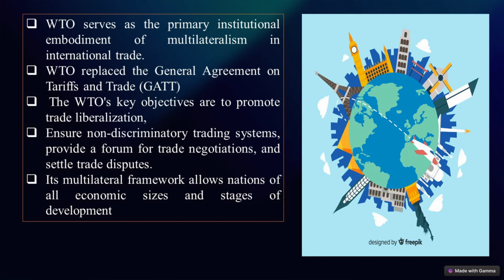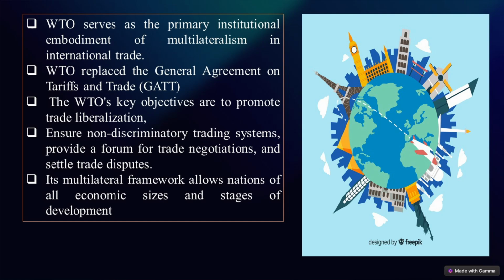As I have already explained in the first three lectures of this module, the World Trade Organization was established in 1995. It replaced the General Agreement on Tariff and Trade, which is famously known as GATT, as the main international body responsible for regulating global trade.